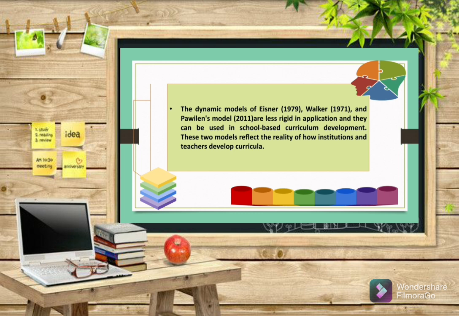Each process in a model should specify areas where curriculum decisions are made. And lastly, each model should reflect the major phases of curriculum development, which are planning, design, implementation, and evaluation. And it is important that each model be applicable in various contexts.